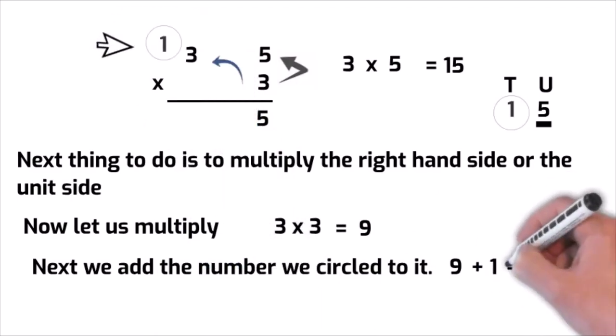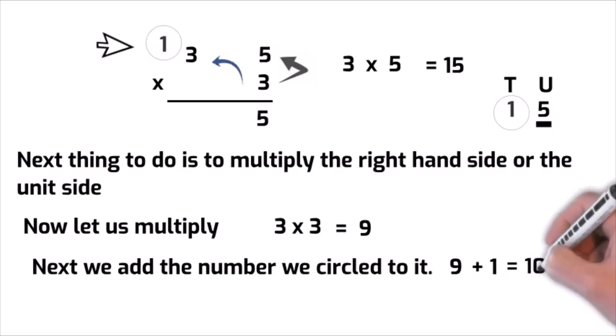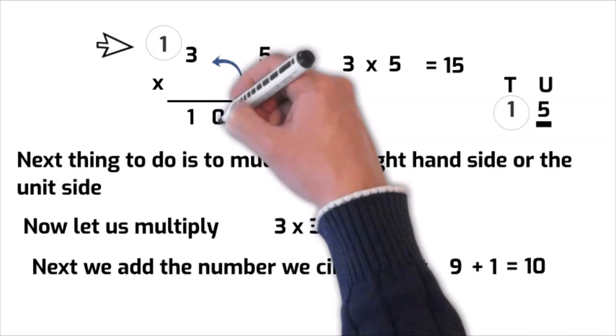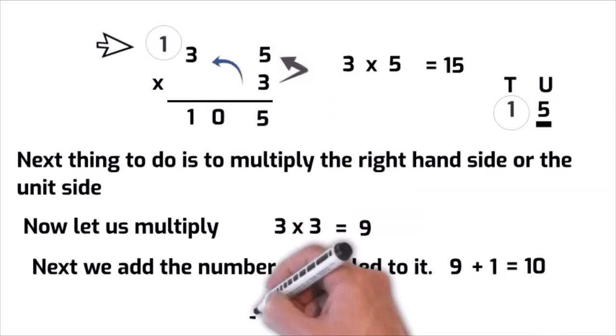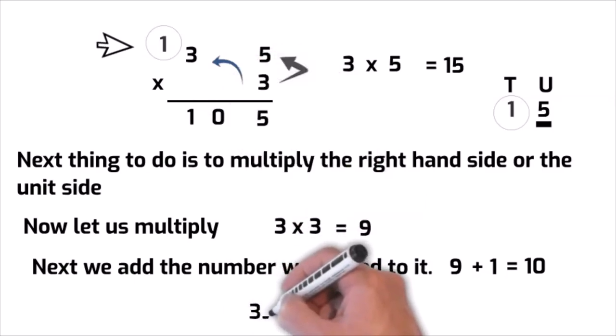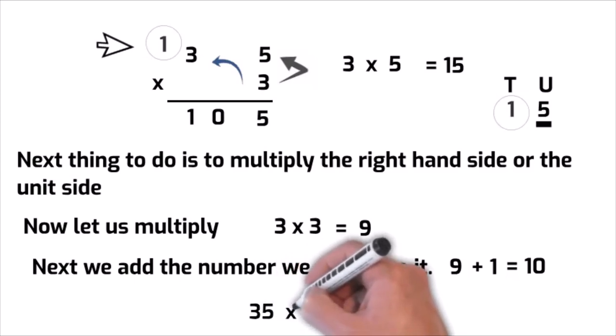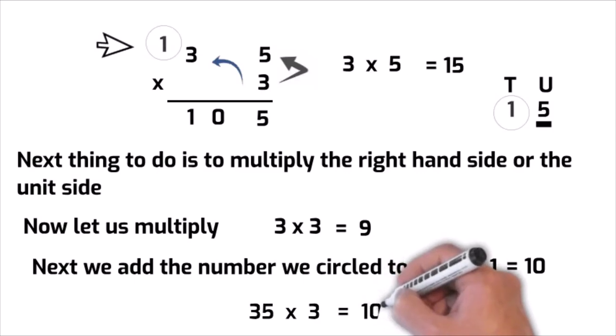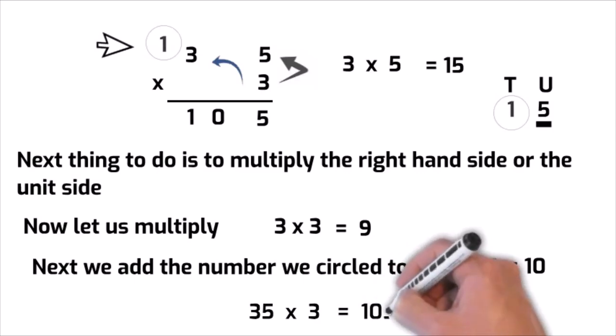So 9 plus 1 gives us 10. We go down to the left hand side and write down 10. 35 times 3 is equal to 105.